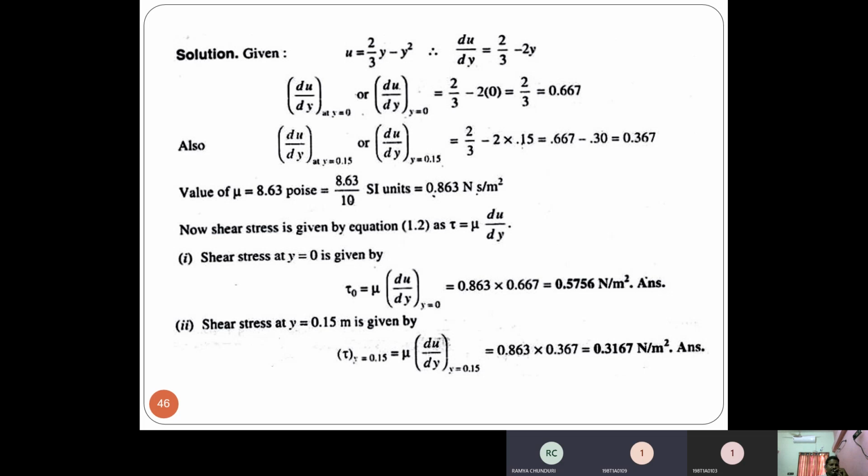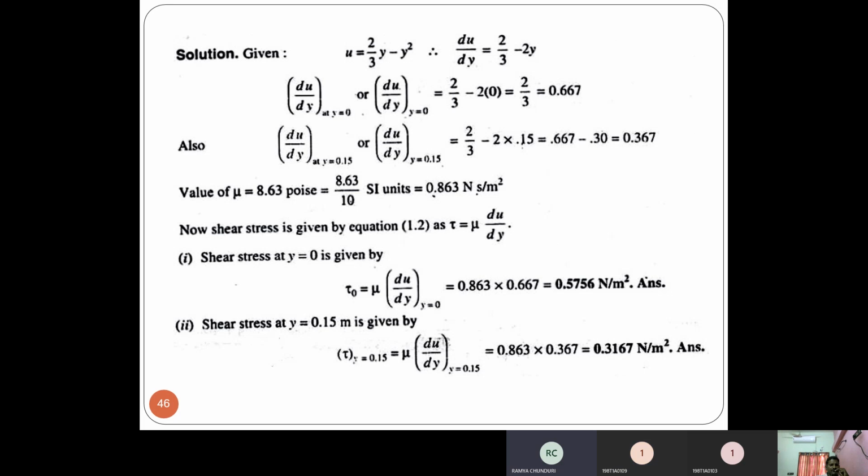Next, shear stress at y is equal to 0.15 meter is given by mu into du by dy at y is equal to 0.15. We calculated this du by dy at y is equal to 0.15 and got 0.367.